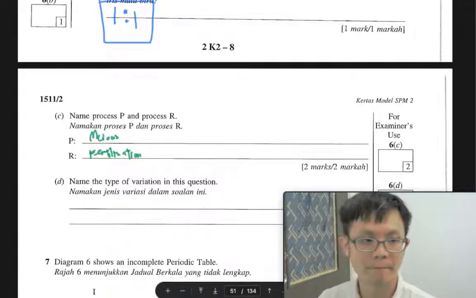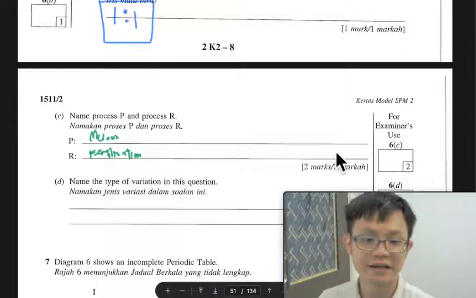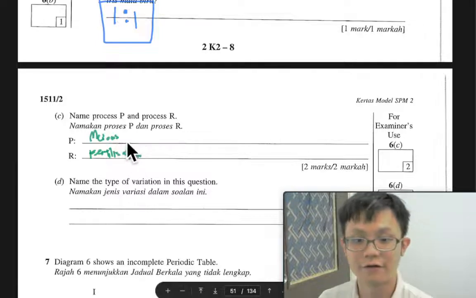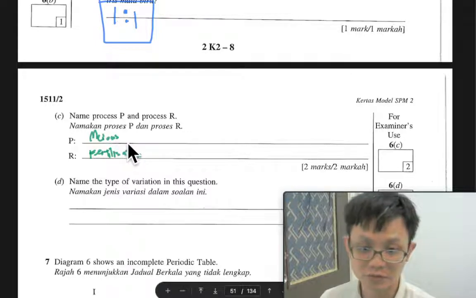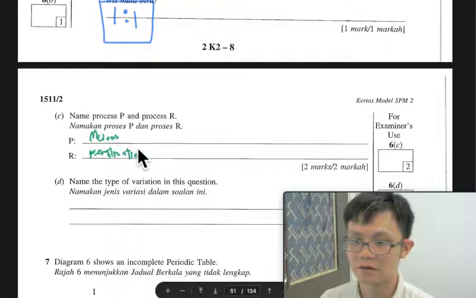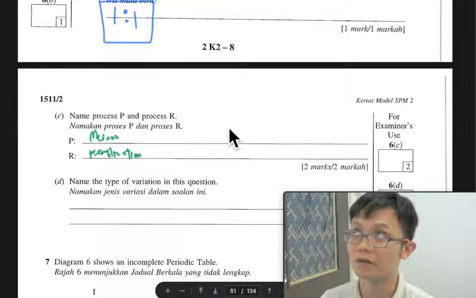Process where a single cell divides twice to produce 4 cells containing half the original amount of genetic information. Yeah, it only contains half of the amount of genetic information or half of the chromosome. So human got how many chromosomes? 46.